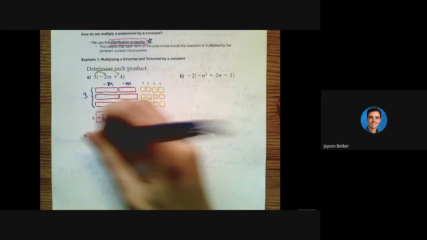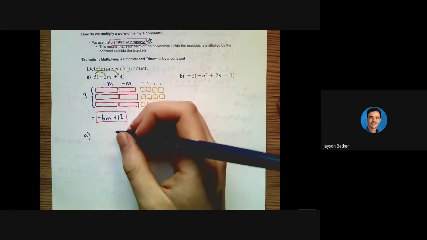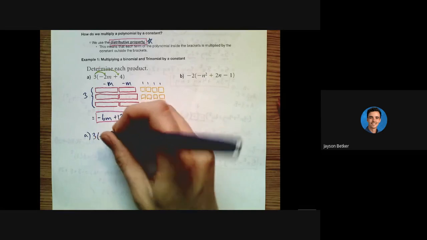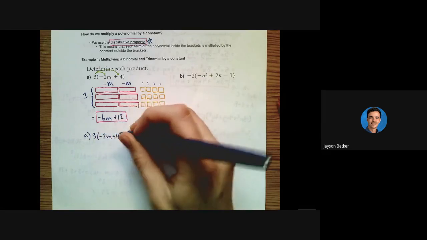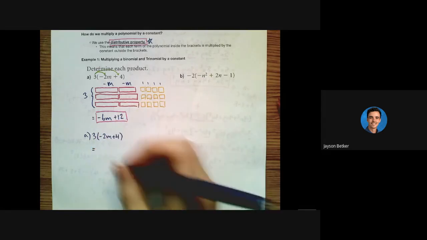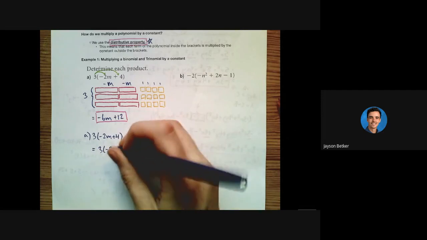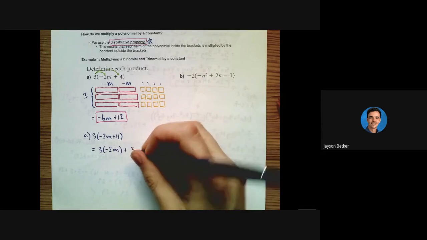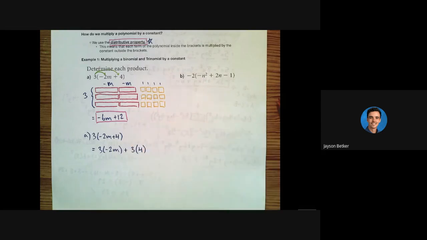So what this ends up looking like is, if I write it all out, 3 times negative 2m plus 4 is going to look like 3 times negative 2m plus 3 times 4. So that 3 makes its way to each term.